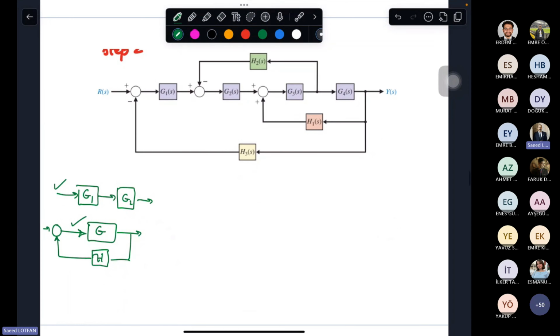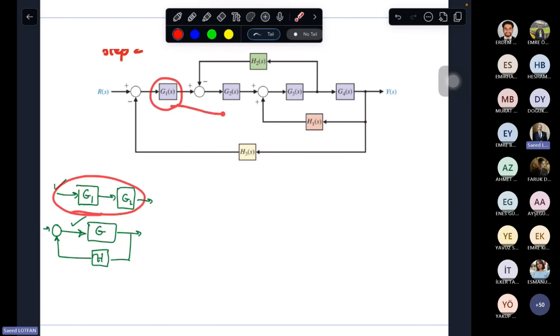Okay. I have to look and see, do I have something like that? For example, this guy and this guy can be cascade, but there is a problem here. This guy can be feedback, but this guy is a problem here.